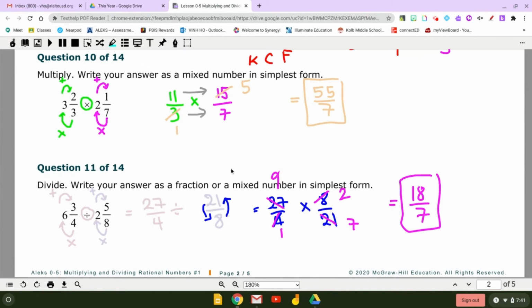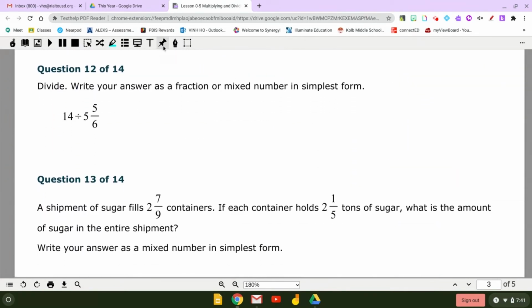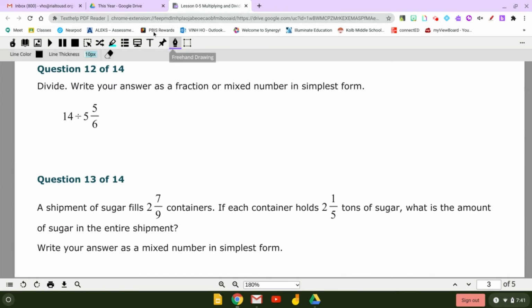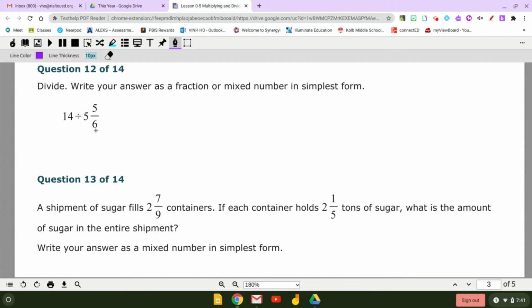All right, we're heading to the last 3 problems. Problem 12. Same idea. We're going to write this mixed number as an improper fraction. 6 times 5 is 30, plus 5 is 35 over 6, right? Now divide by 14.